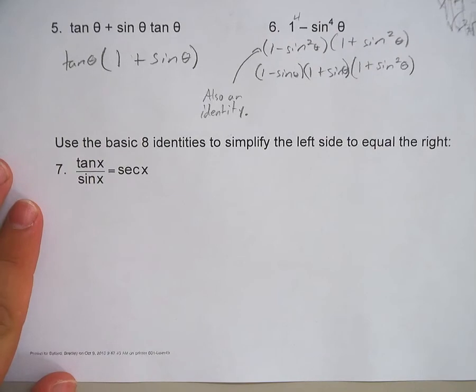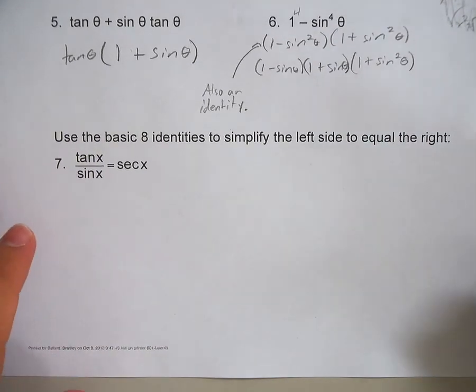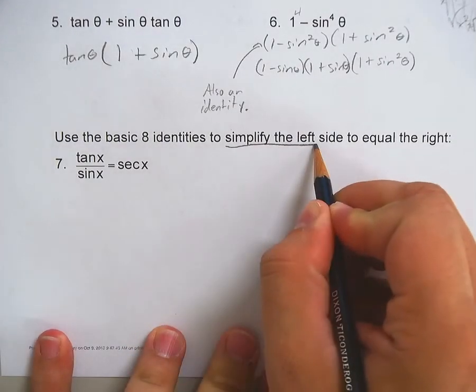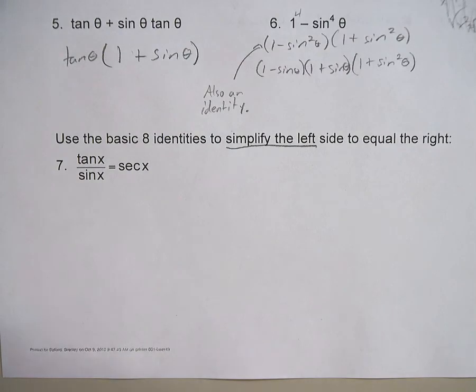All right, number 7. Use the basic 8 identities to simplify the left side to equal the right side. Read how the question is actually worded. It says to simplify the left to equal the right.